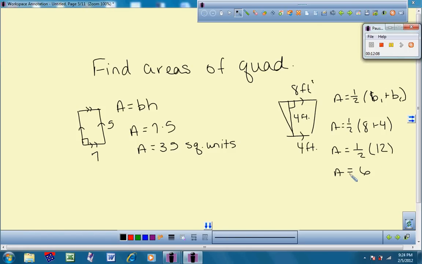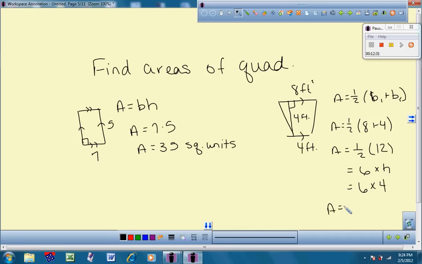Okay. Once you have found the half of the sum of the two bases, what you're going to then do is just go ahead and take that number and multiply it by the height, which is 4.